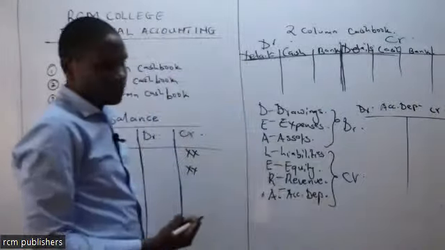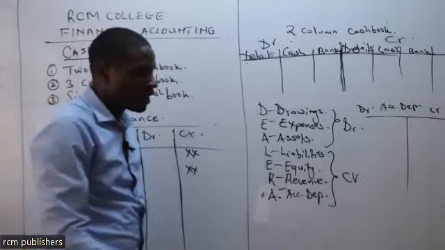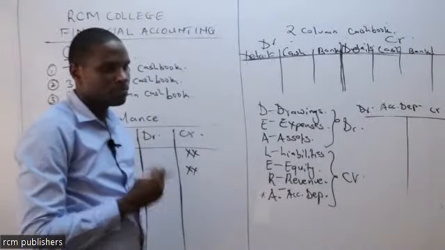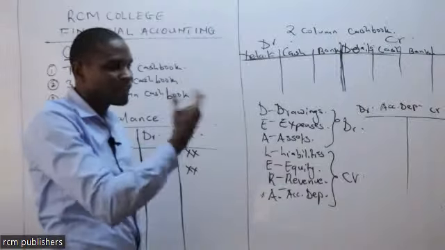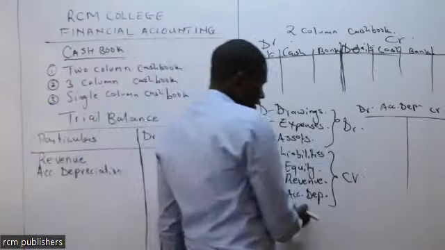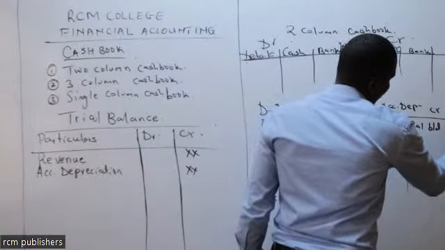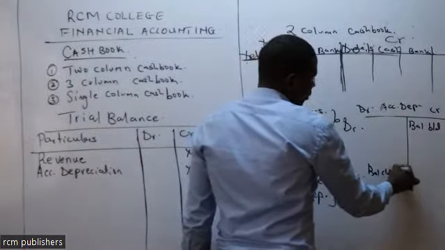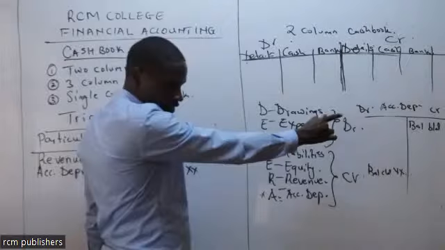If I ask you where my balance brought down will be in that account, will it be on the credit or on the debit side? On the credit side. Balance brought down will be on the credit side. Balance carried down will be on the debit side. And that's why accumulated depreciation falls there.